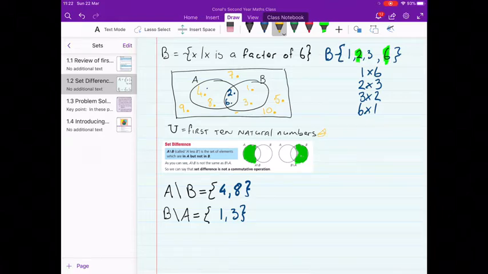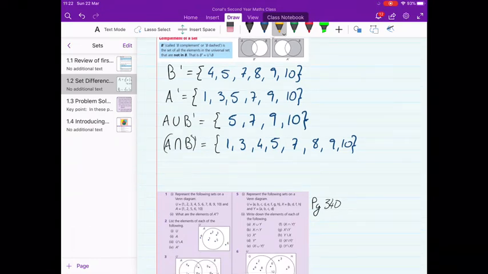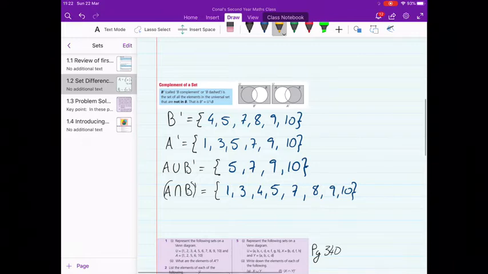So every other element is 5, 10, 7, 4, 8, and 9. If we're to say A union B complement, that'll be every single element that is not in the union of A and B. So that'll be all the elements outside of A union B, which are 5, 10, 7, and 9. That was complement. So set difference and complement of a set are what we learned in our last video.